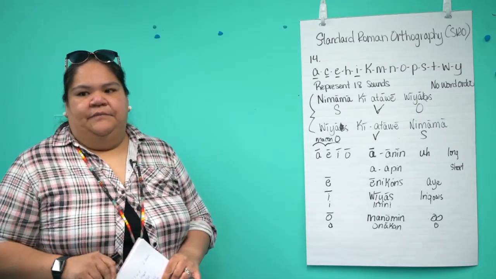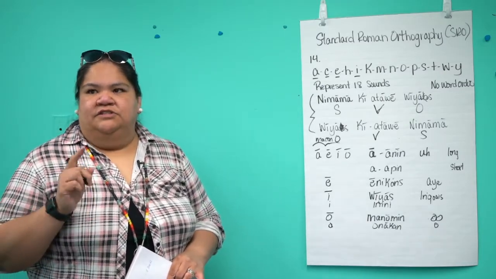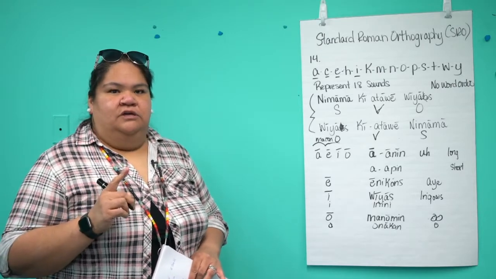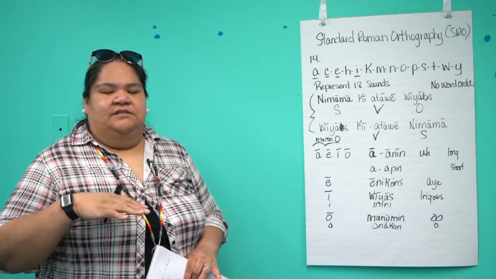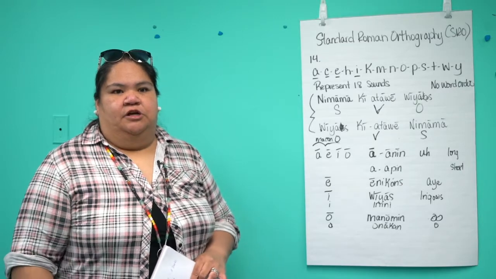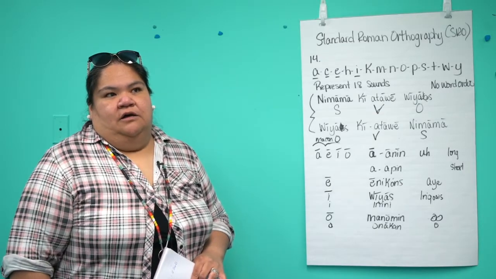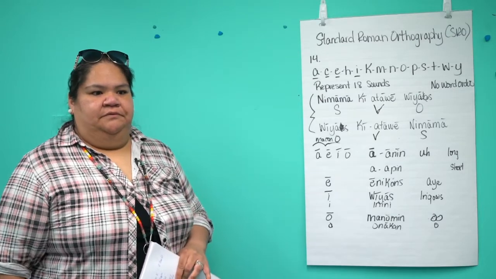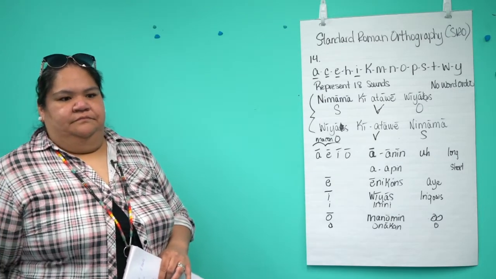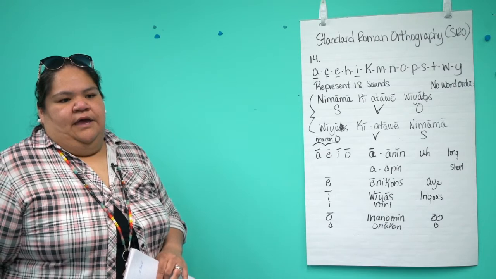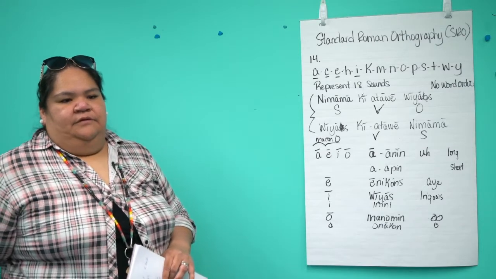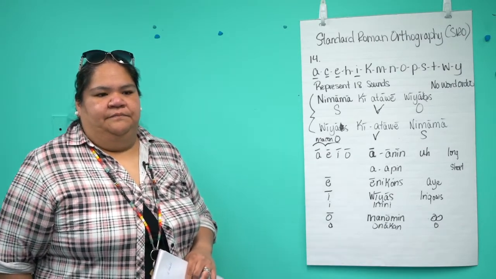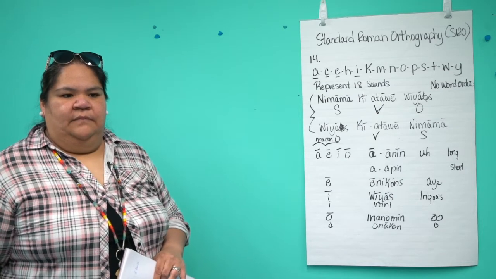I think that's what the university tried to do, was to make it as simple as possible for second language learners to be able to read and write. Even when you recognize that, you can probably hear the long vowel when you hear somebody else speaking, and know where you need to put the macron.